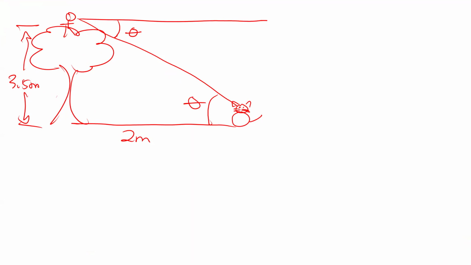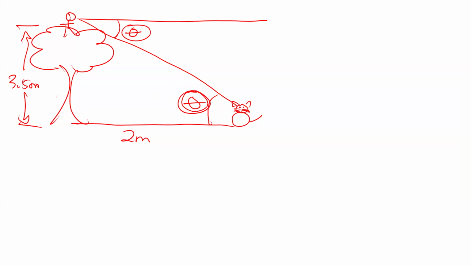Again, this is a transversal line, so these are alternate interior angles. So angle theta, the angle of depression, is equal to the angle below with respect to the cat, right? In that case, which trigonometric ratio do we use to solve for theta?